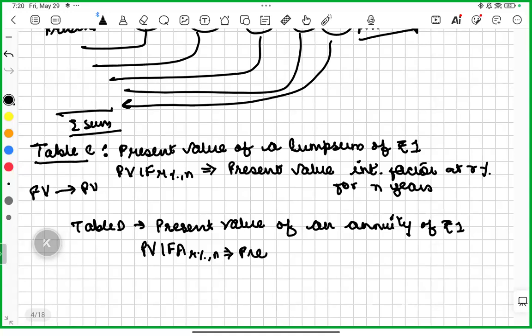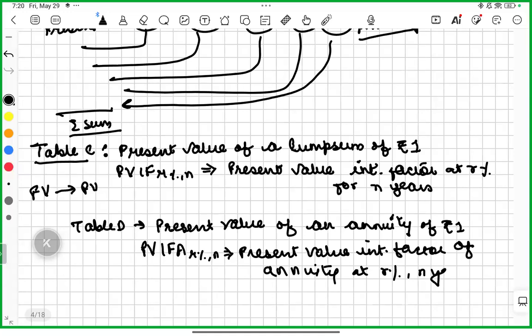This is present value interest factor of annuity at R percentage for n years. Right? So when do we use this? When you have to convert annuity amounts received in future to present value. So basically it is future value of annuity into present value. Okay, we will see with the help of examples.